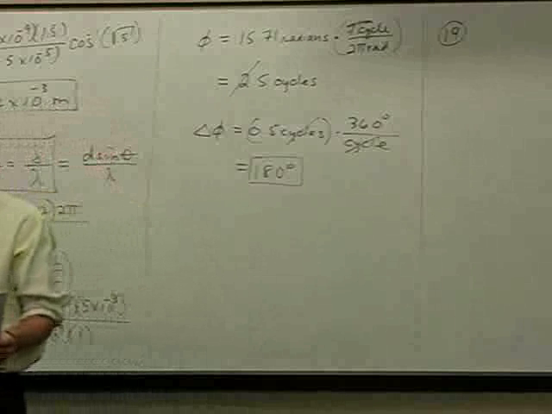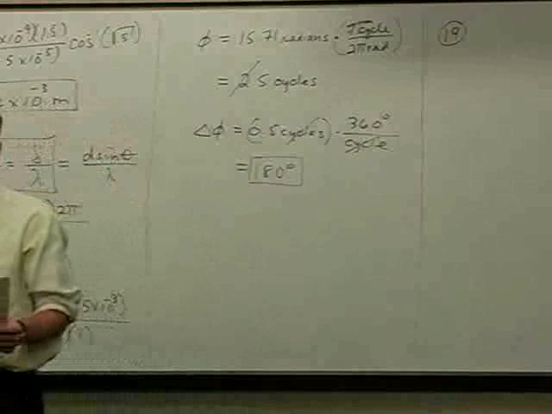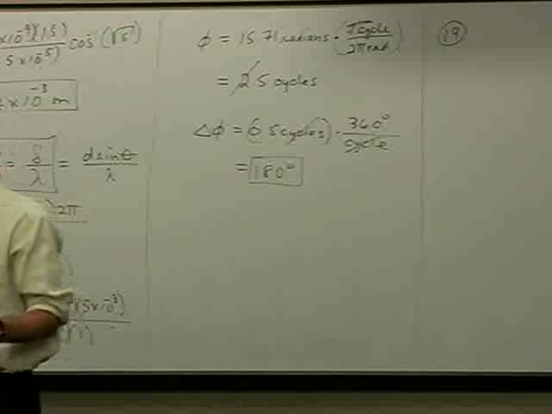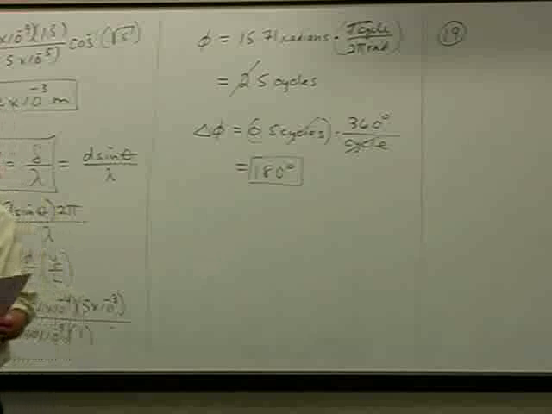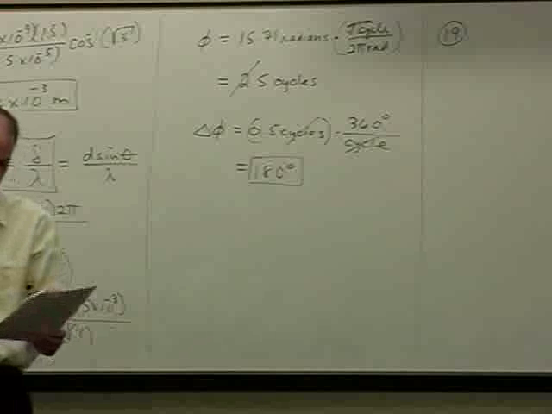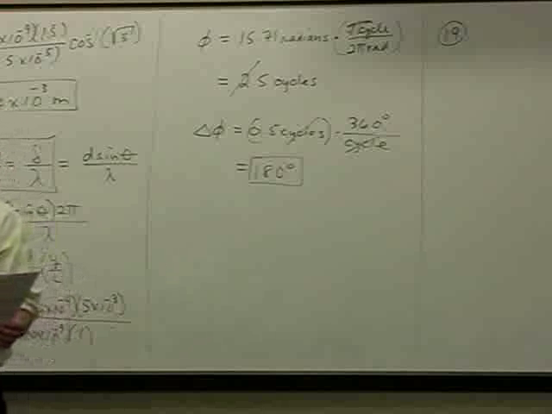Monochromatic light, 500 nanometers, incident on a soap bubble, index of refraction of 1.4. How thick is the bubble in nanometers if destructive interference occurs in the reflected light?